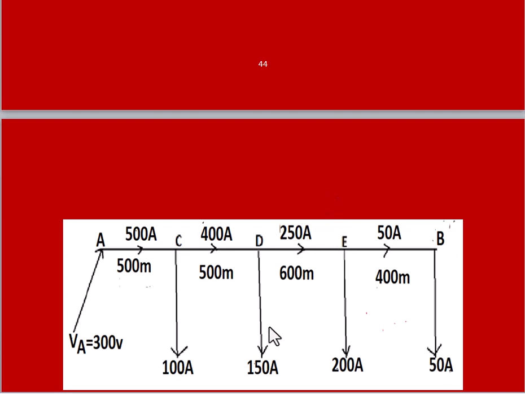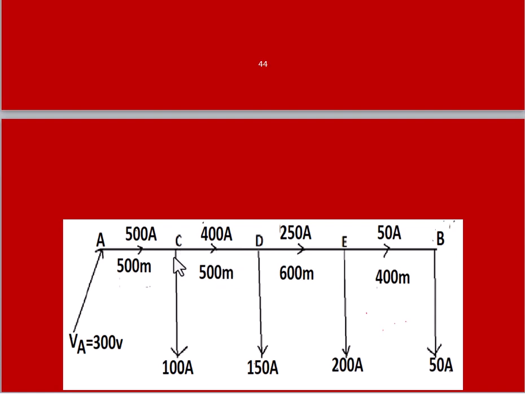Then similarly here at point D, a load carrying 150 amperes. So find out what is the current flowing in the CD branch. So again apply the KCL here. 250 is going out, similarly 150 also going out. Add these two currents, then 400 amperes is the current that flows in the section CD.